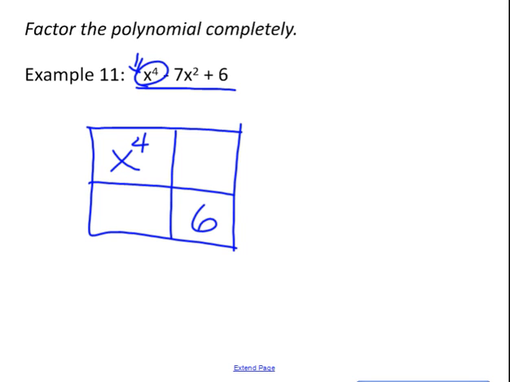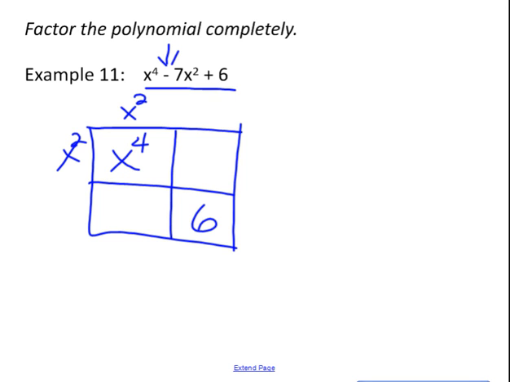We do have to think about this for a minute. Normally, we would have x on the outside to get us an x squared. That's not x squared. That is an x to the fourth. So rather than x times x, that's going to be x squared times x squared. The rest of it is exactly the same as what we would do before. So I have 6, and I need to multiply something to get a positive 6, and this is negative.